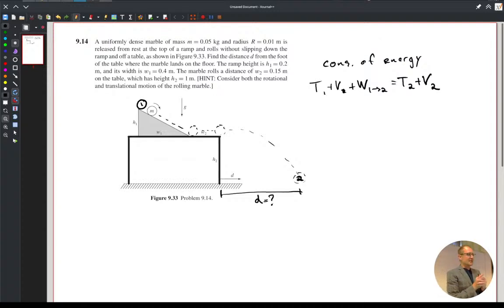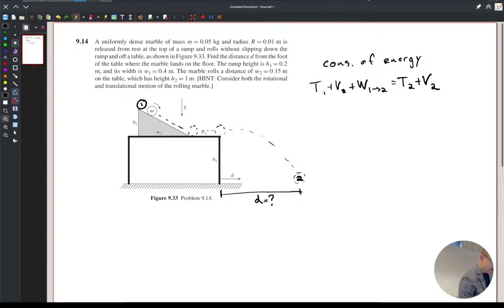So question about this: does it matter what the slope of the ramp is? Yeah. If you're looking at it in terms of the potential energy, it's only the height, right?